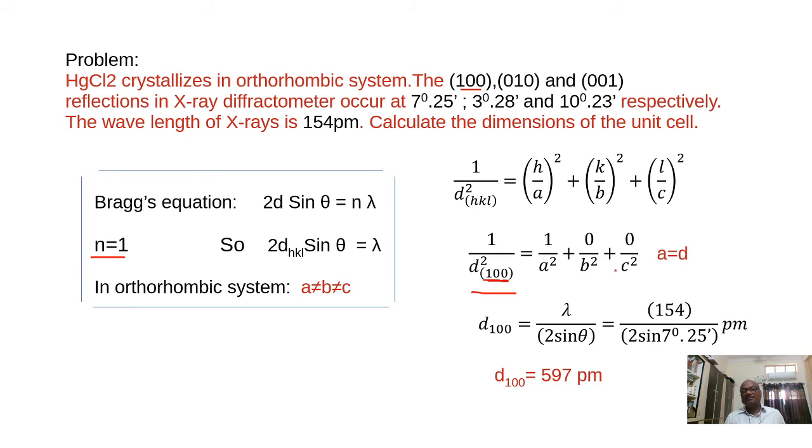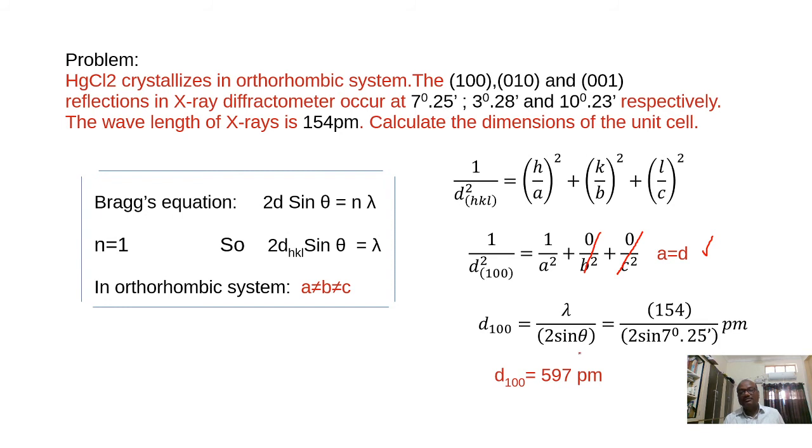a, b, c are the dimensions of the unit cell, whereas 1, 0, 0 are the hkl Miller indices of the plane. If we simplify these, this becomes 0 and this becomes 0. Simply 1 by d square is equal to 1 by a square, or a is equal to d. So d100, according to Bragg's law, how can we write?